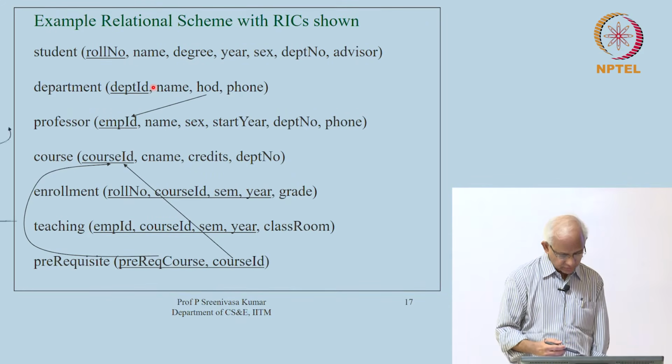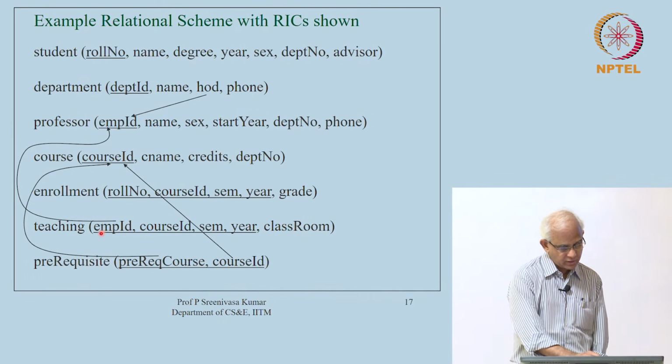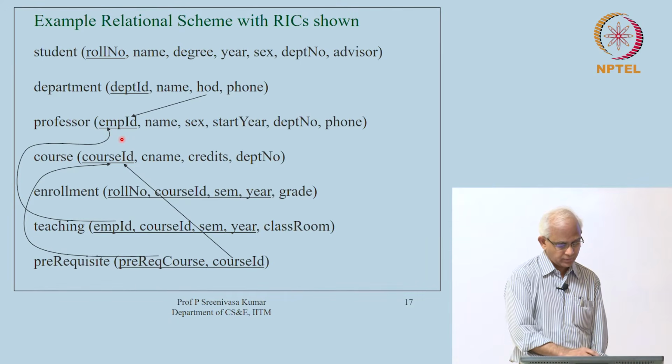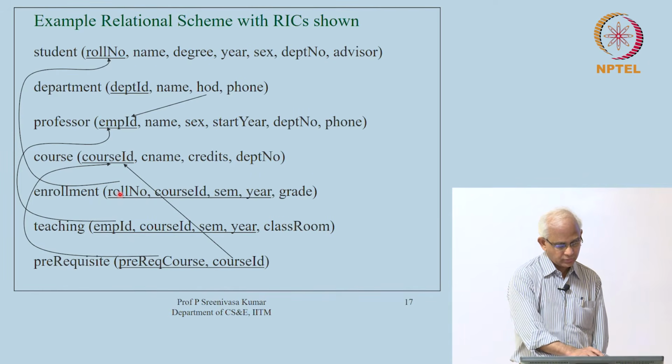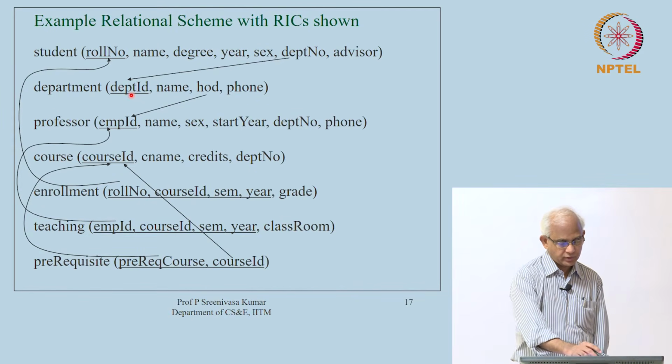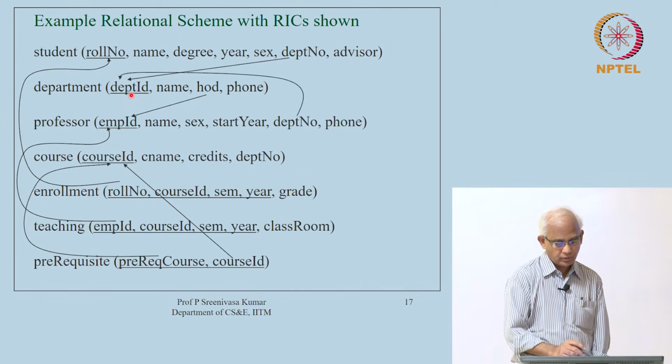Now, let us identify some more of these. Employee ID obviously is a foreign key, referring to professors, and then roll number obviously is a foreign key in the enrollment relation, referring to student. So, even though these are part of some keys and all that, they can independently be foreign keys. Department number is a foreign key, referring to department ID. Then this department number here in the professor relation is also a foreign key, referring to department.